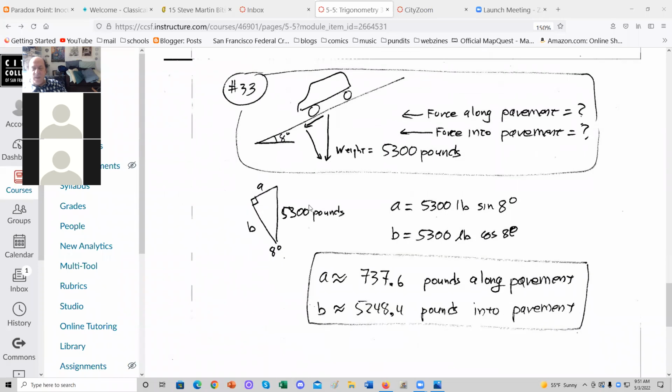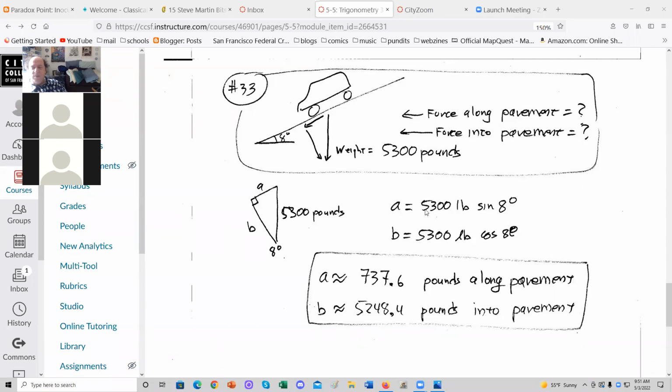Well, we draw this force triangle with side A, force along the pavement, side B, force into the pavement, 5,300 in the vertical part, and here's an angle of 8 degrees. Well, all right, we have some right angle trigonometry. A over 5,300 is sine 8 degrees, B over 5,300 is cosine 8 degrees.